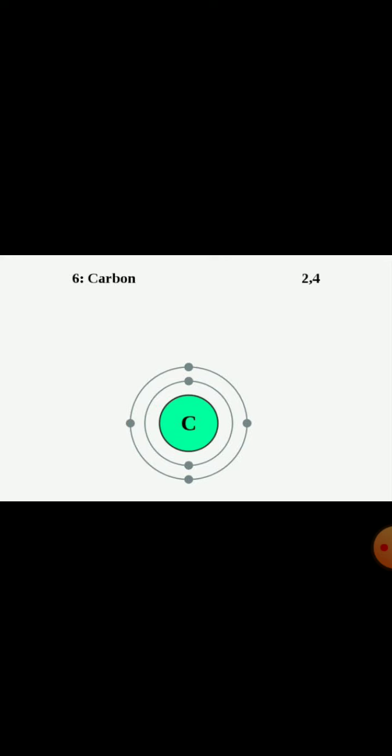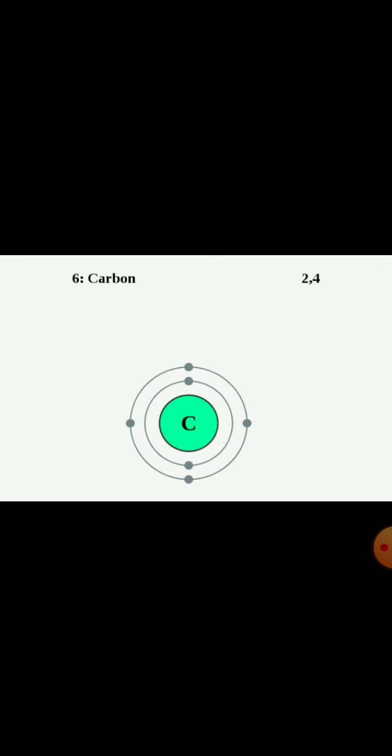In the same way, if we take the case that carbon loses 4 electrons, okay, then by losing 4 electrons it forms a cation, a positive ion. But what will happen then? It will require a large amount of energy to remove these 4 electrons. Why? Because there are already 6 protons present in the nucleus of carbon.